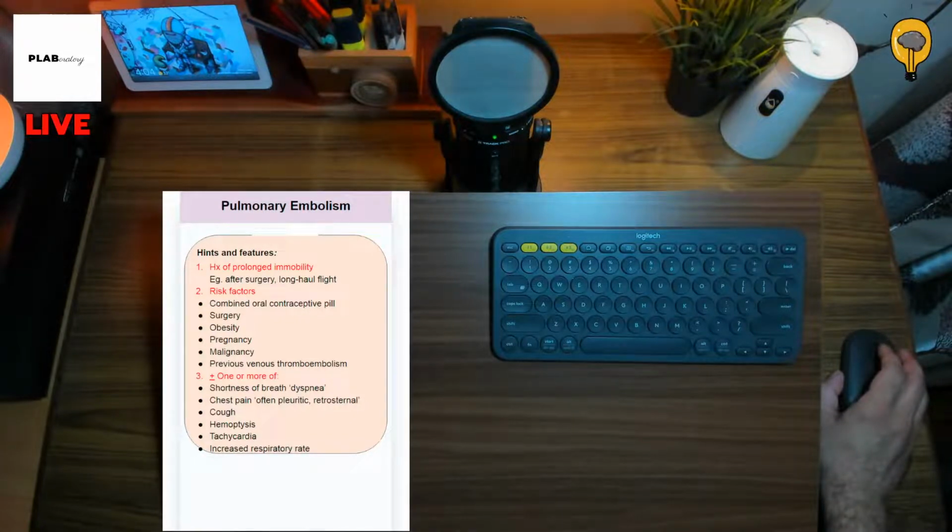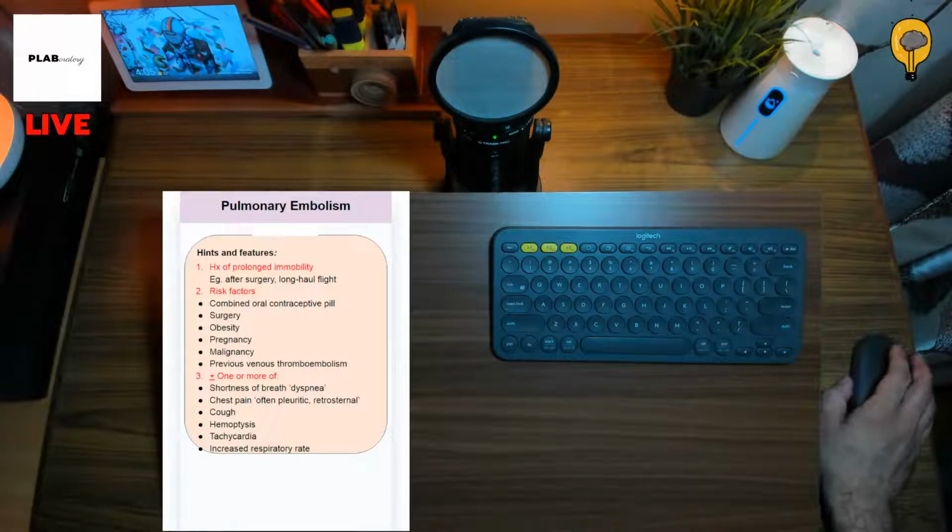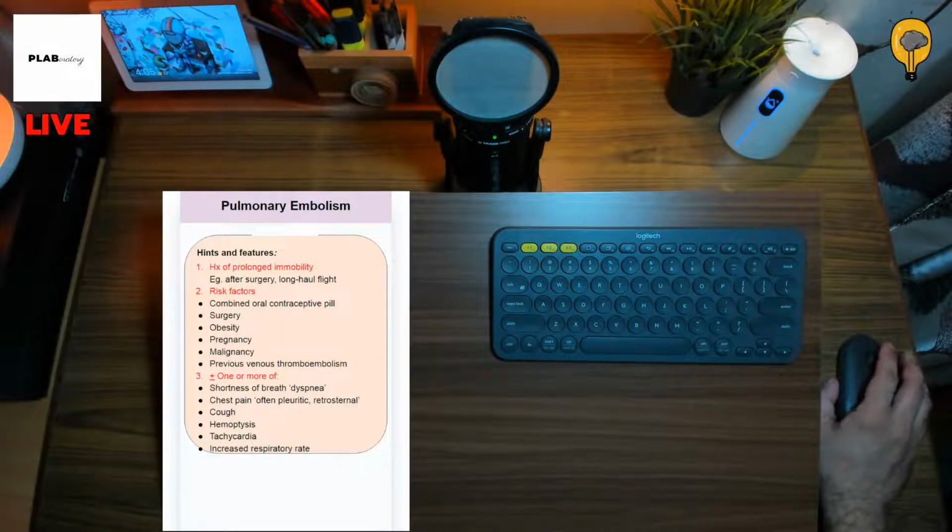So it is a very important point to remember that we need the treatment dose of anticoagulants, and we need not focus too much on the prophylactic dose. Treatment doses are often higher than prophylactic doses.